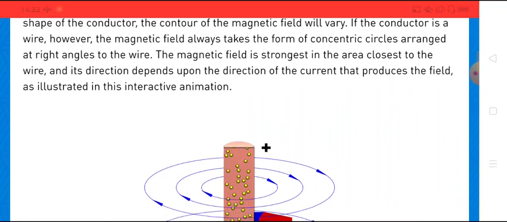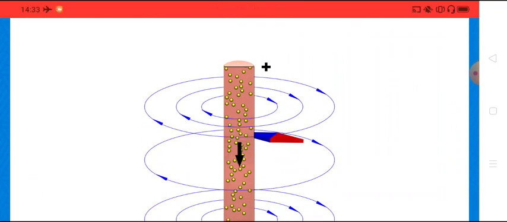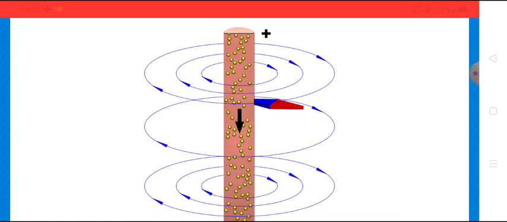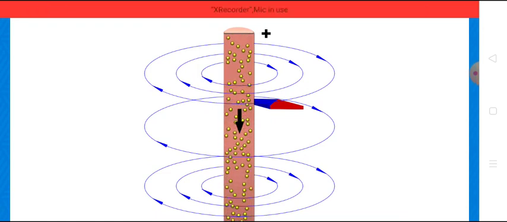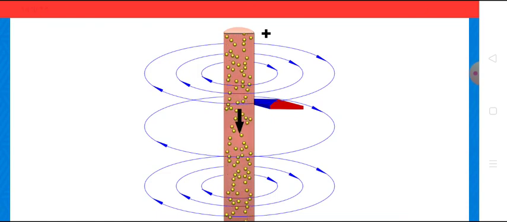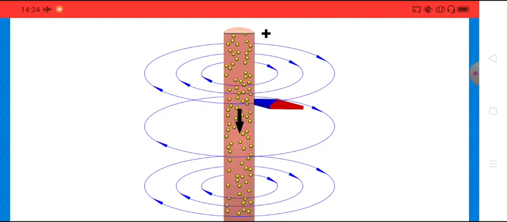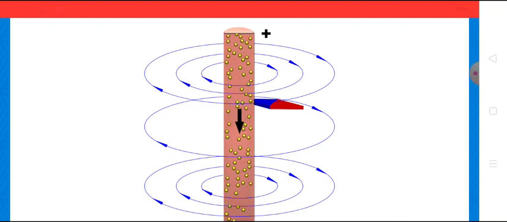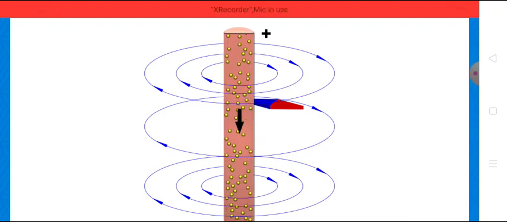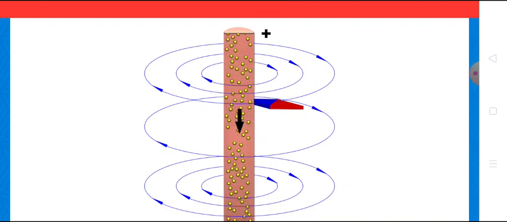So you can very easily understand the nature with the help of this particular setup. As you can see, the entire experimental setup is not shown over here. Simply the current carrying conductor is being shown, and in that current carrying conductor, what is happening? The current is flowing in the downward direction.